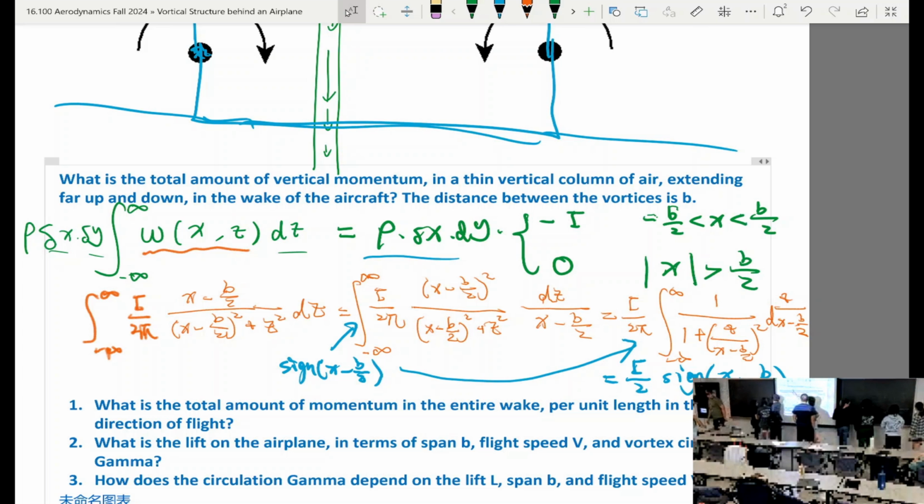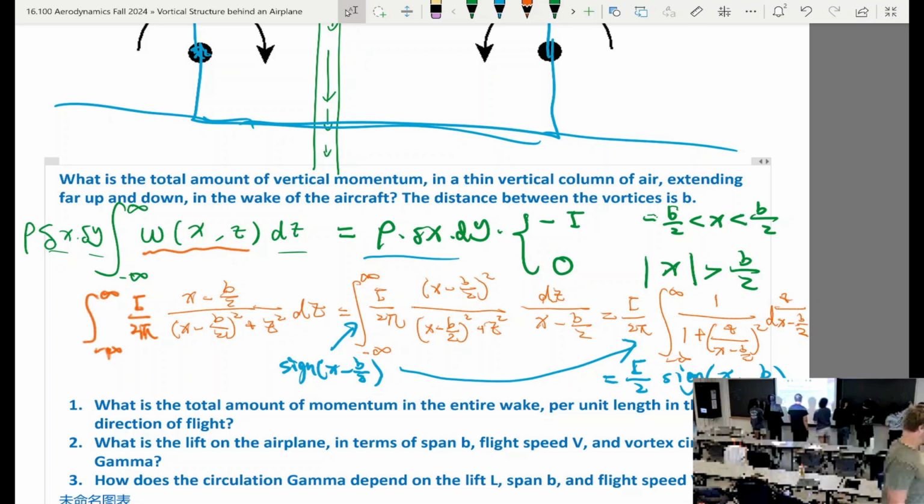Remember, you are integrating dx, and x only has non-zero contribution over the span.